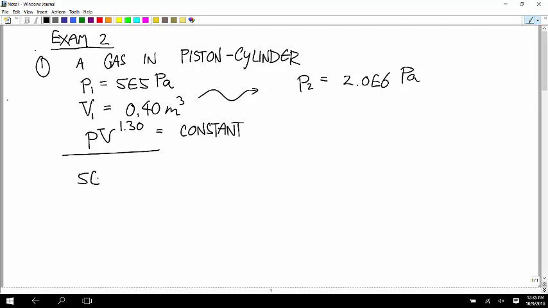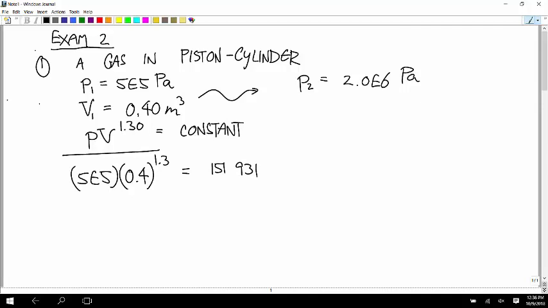So we have 5 times 10 to the 5th times 0.4 to the 1.3 is equal to the constant, and so the constant is equal to 151,931, something like that.